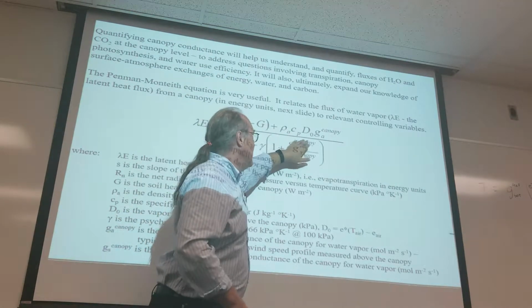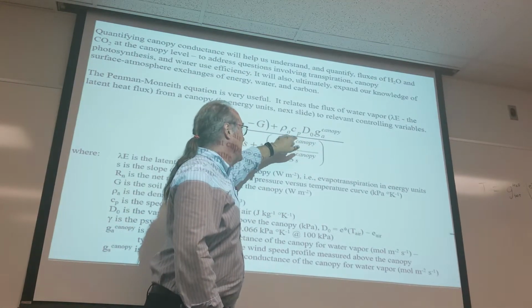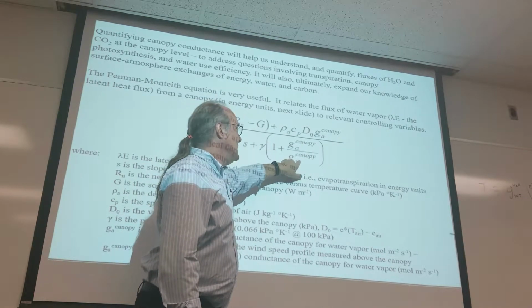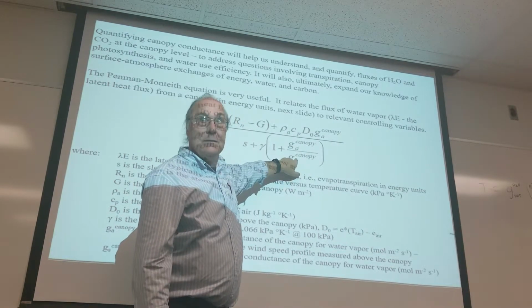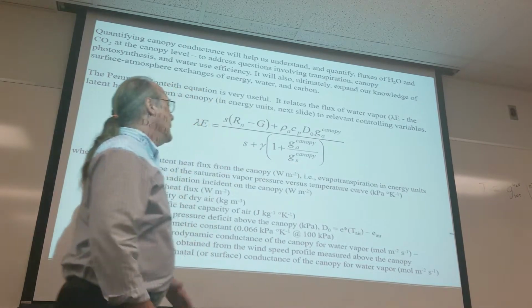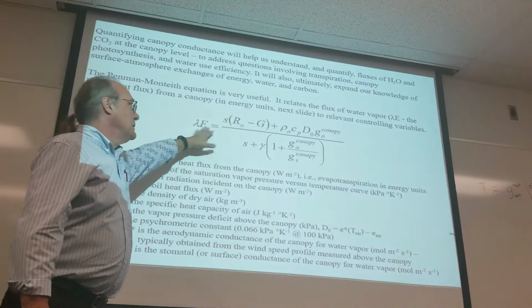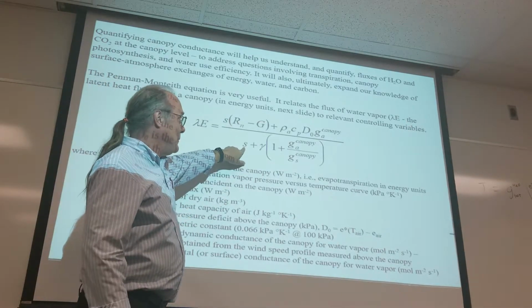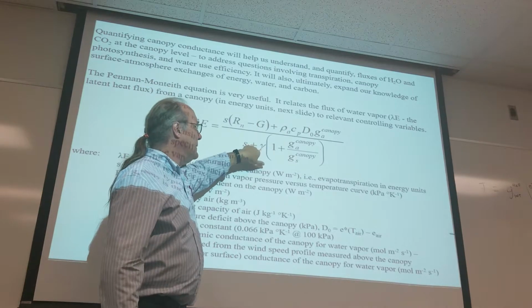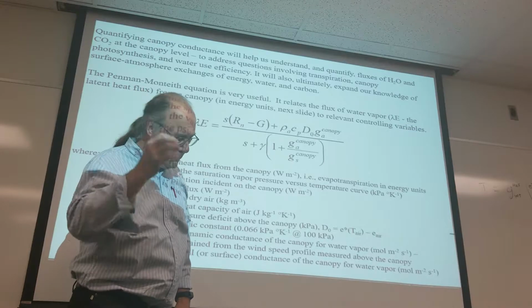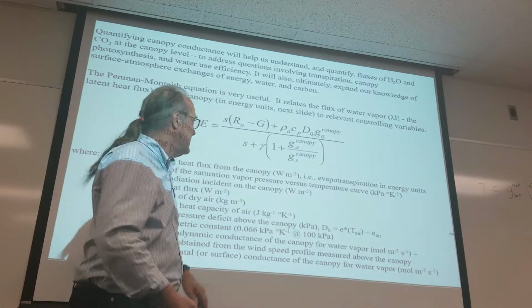And you see some of these other terms, vapor pressure deficit. These are physical properties of the air. And this GS canopy, the canopy stomatal conductance term. Okay, so it's an easy equation to use, not very complicated. S is the slope of the saturation vapor pressure versus temperature curve. This symbol is the psychrometer constant.